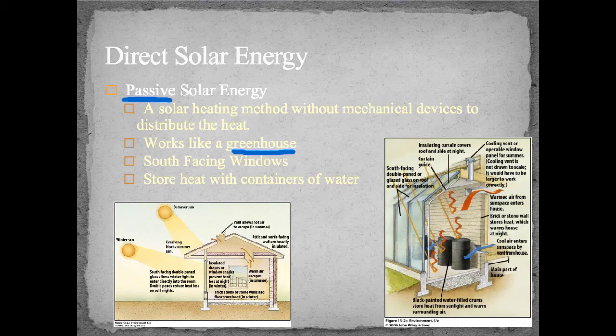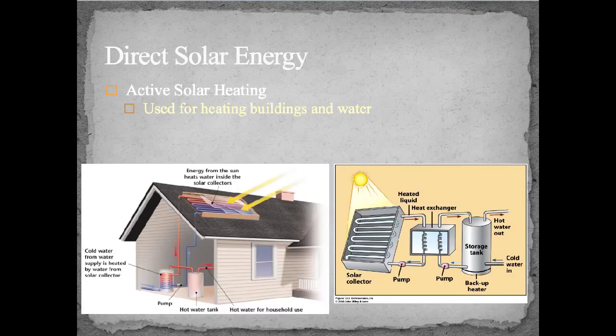With the water containers and a glass area, heat can come in and store, and it radiates throughout your house. So this is passive solar energy, capturing the sun without any mechanical devices used to produce electricity. It's just making your house so it captures energy from the sun the best.